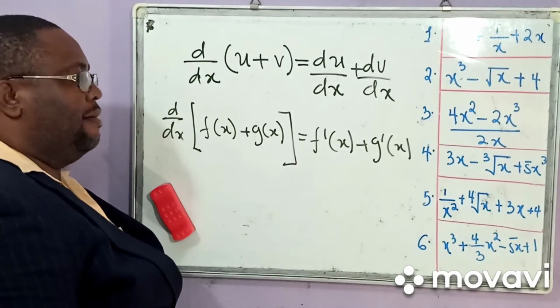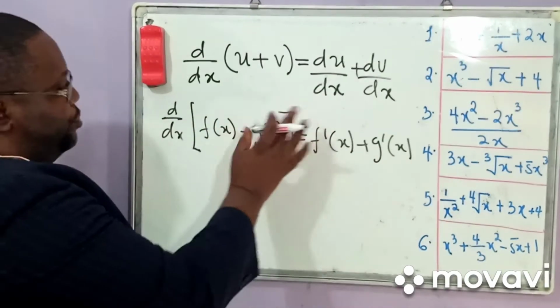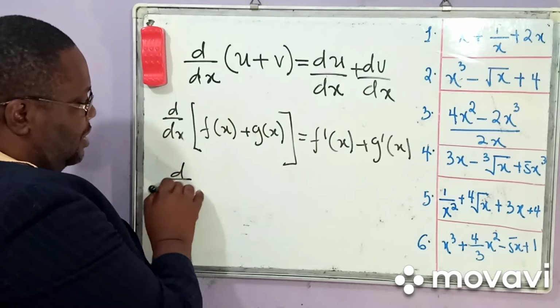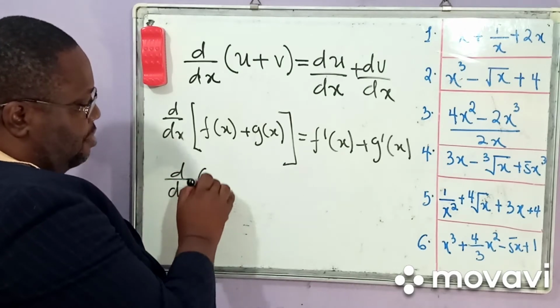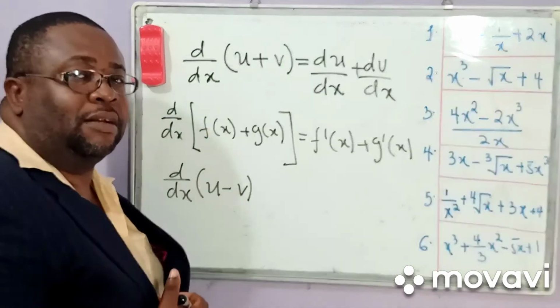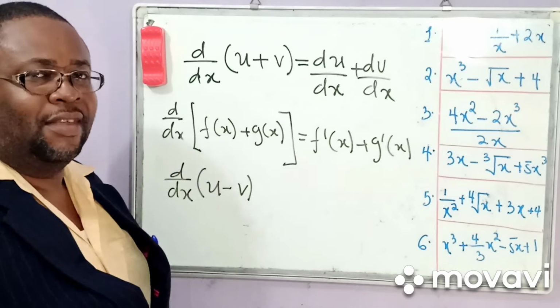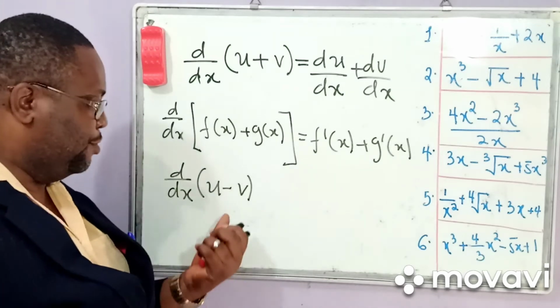The question now is, we can also extend this to the difference rule. If you were differentiating with respect to x, and you have u minus v, u and v are themselves differentiable functions of x. They have to be differentiable for this rule to hold.